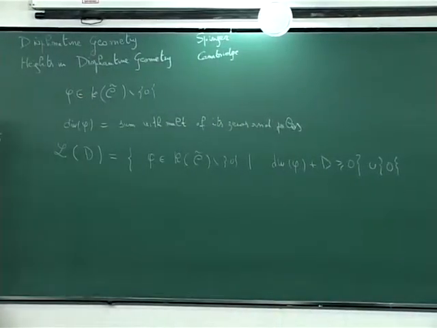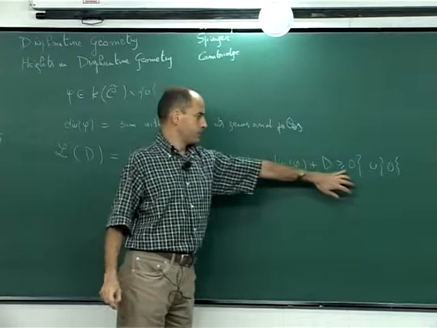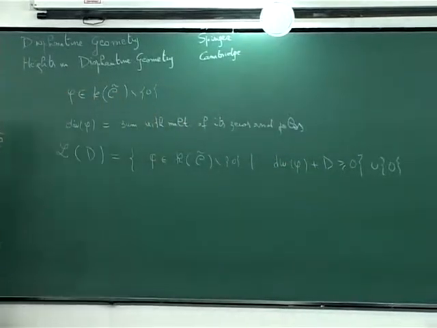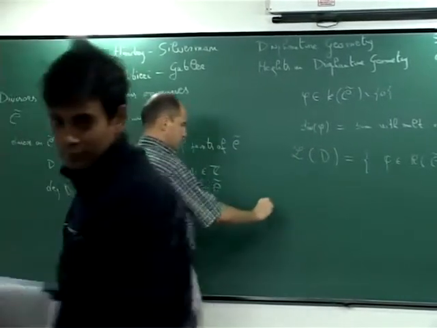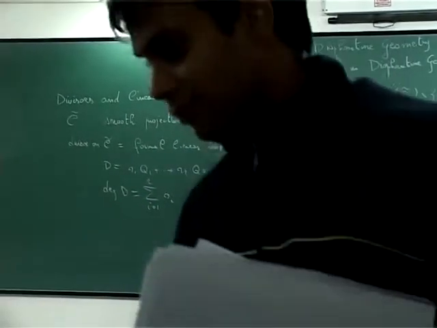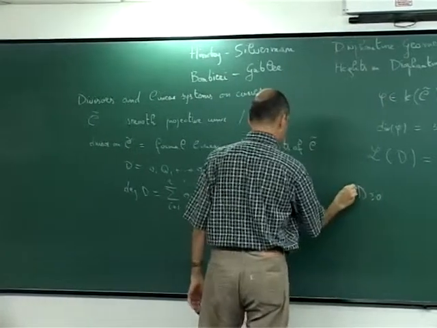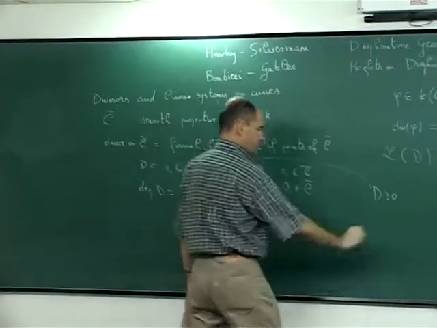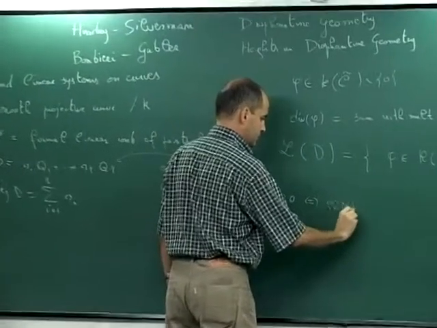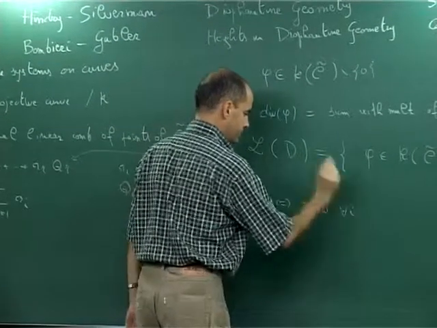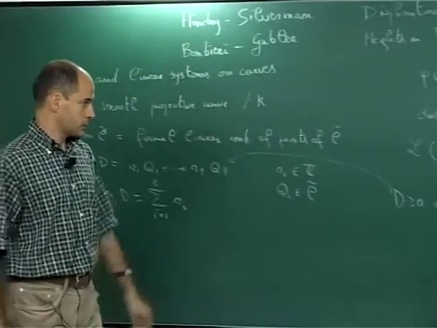And I forgot to say that a divisor is positive means that all its coefficients are non-negative. So D at least 0, where D is this one, means that ai is at least 0 for every i. Okay, so this is a vector space.